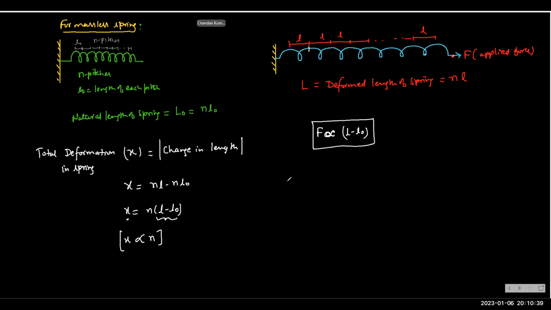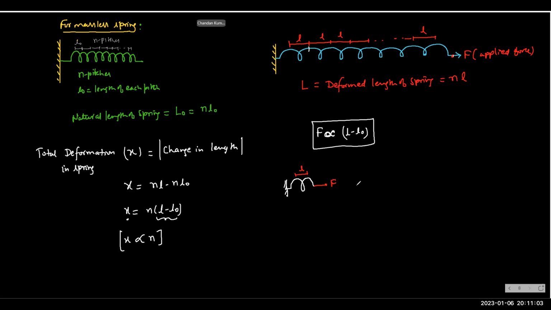So even if I create a spring with only one pitch, just one pitch long, and if you apply a force F here, what I was trying to explain is that this length will be exactly L only. It doesn't matter how big it was.